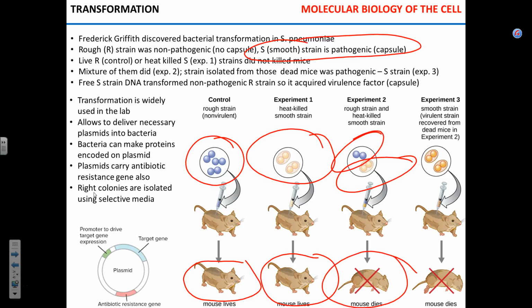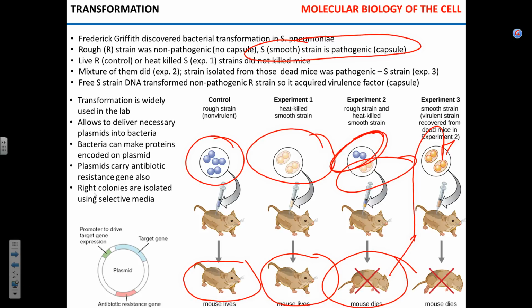To his surprise, mice died. Some kind of a factor that was still present in the heat-inactivated pathogenic strain was able to confer pathogenicity to the non-pathogenic one. Moreover, Griffith managed to isolate the pathogenic strain from these mice. Does that make sense?